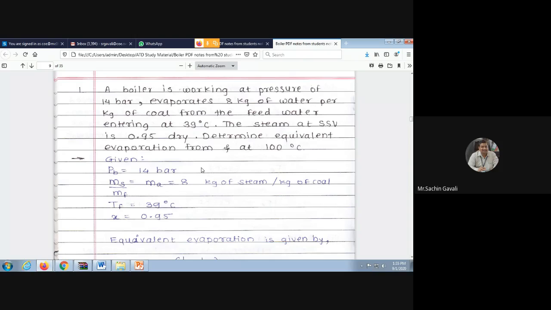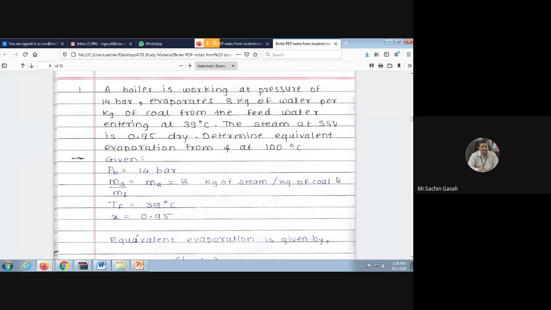The steam at steam stop valve is 0.95 dry. Determine equivalent evaporation from and at 100 degrees Celsius.